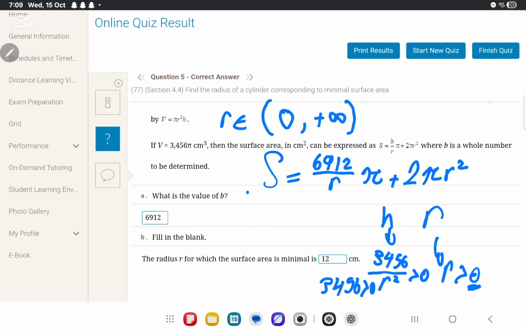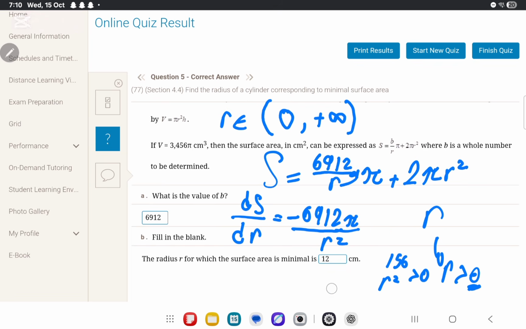So dS by dr, right? You can take this r up. It'll be 6912 r pi, or pi r, it's fine. So this is going to differentiate by chain rule. It's going to be negative 6912 over pi r squared.